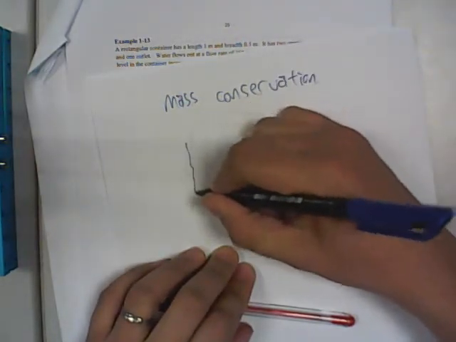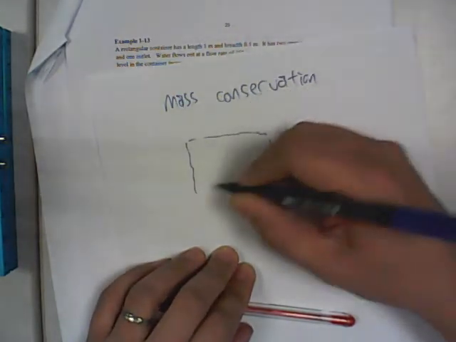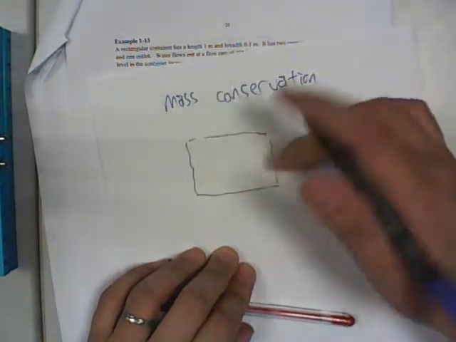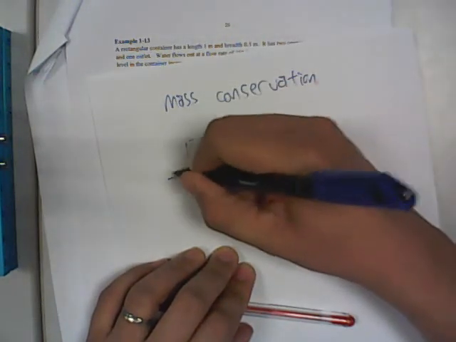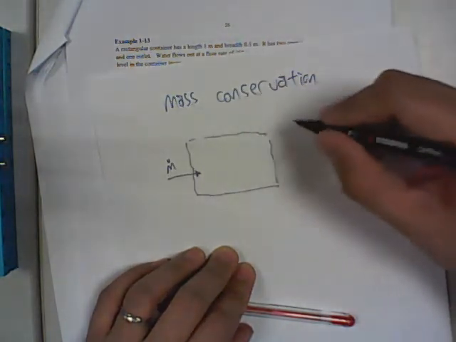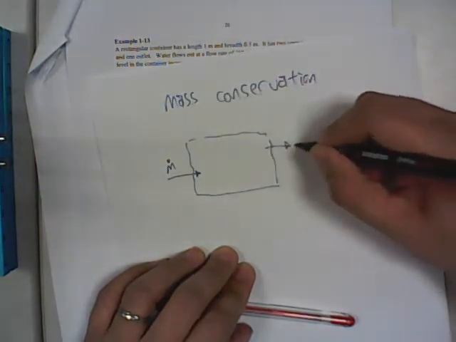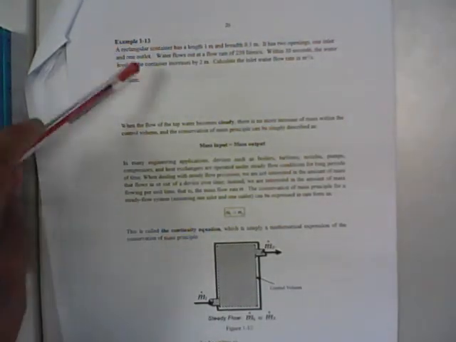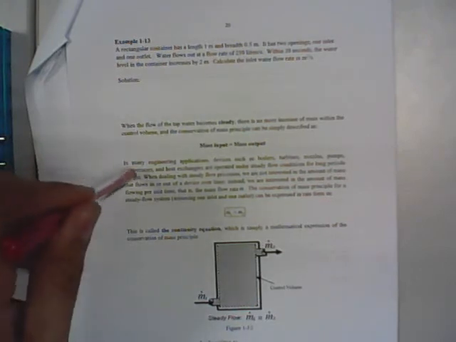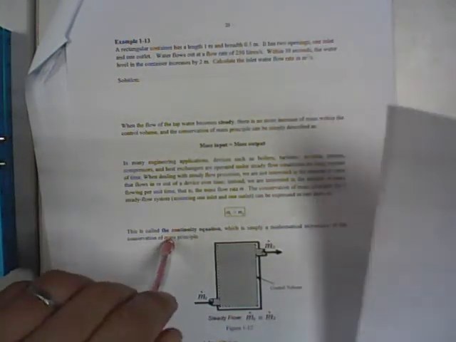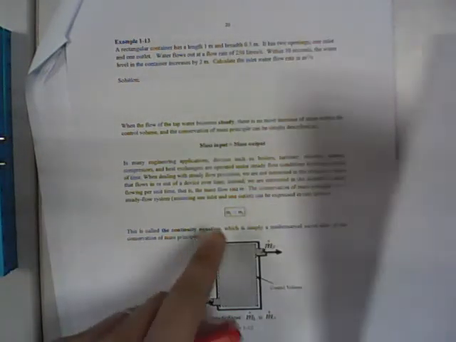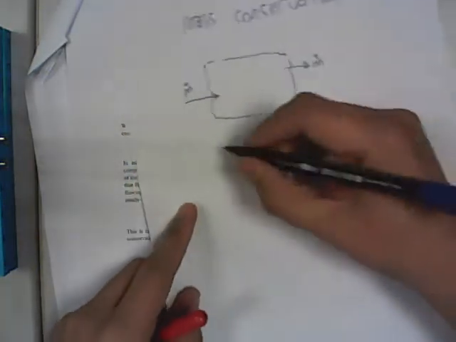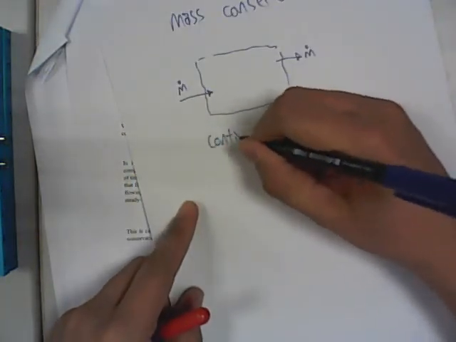If we look at a certain system, if there is a mass flow coming in, there has to be some kind of mass flow coming out, so that your whole mass is conserved. That is the idea of it. These few pages will talk about this, and once you form the equation, it is called the continuity equation.